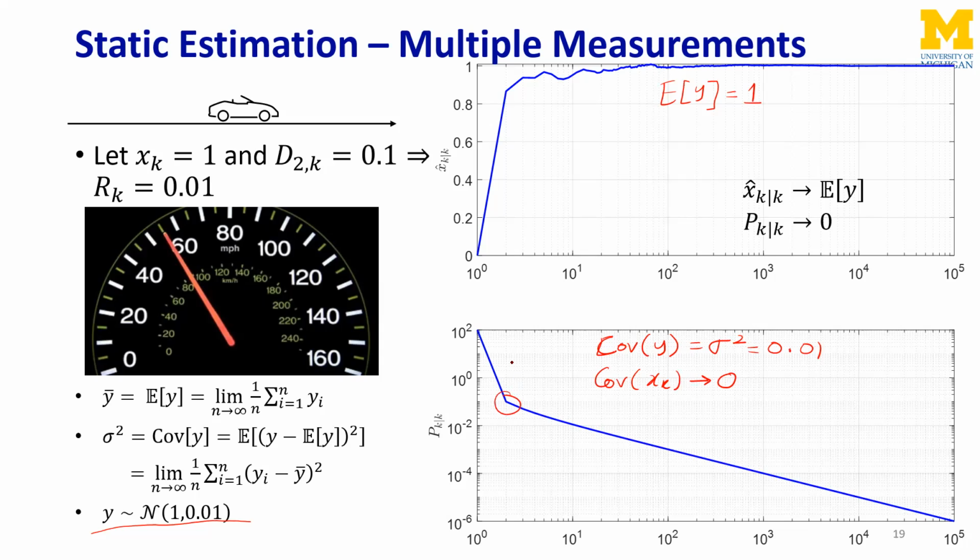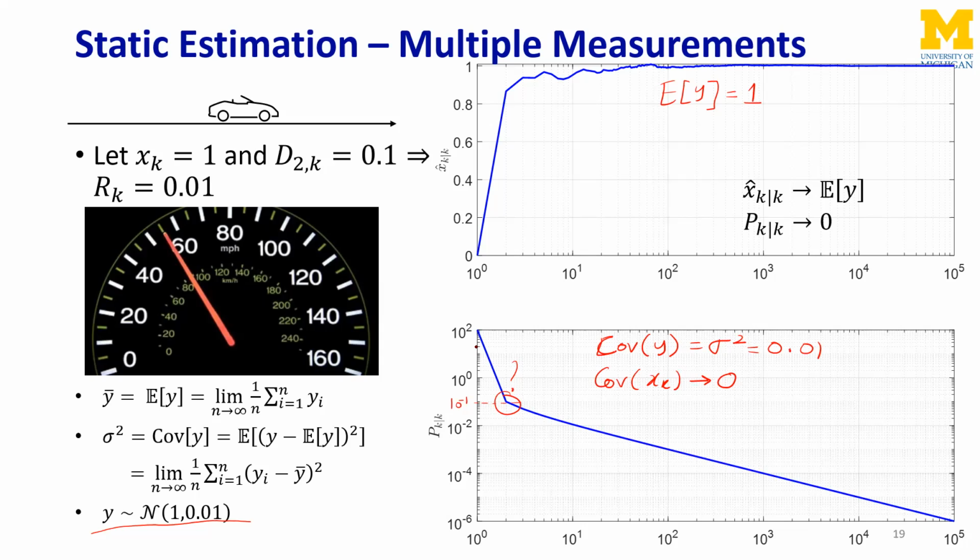What is this kink right here? If you look closely, this is actually 10 to the minus 1. Before the covariance of your state drops below 10 to the minus 1, your measurements are going to be a better source of information.